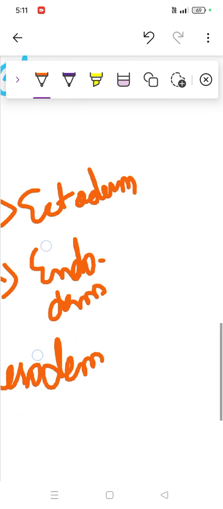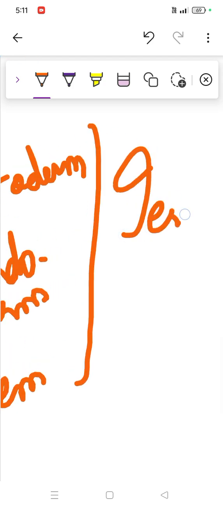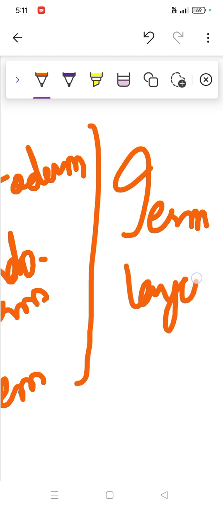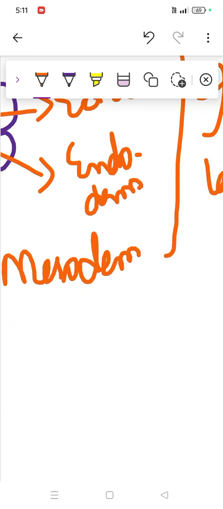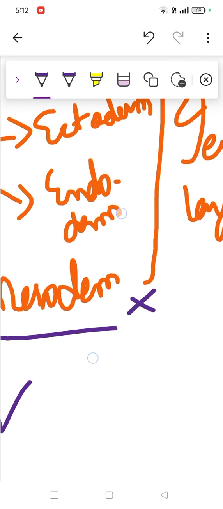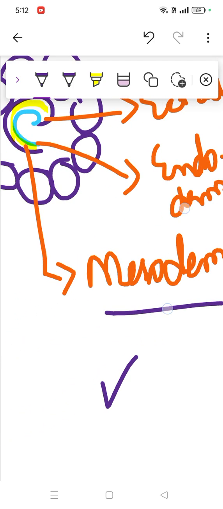These three are basically the germ layers, which are very important because they help during embryonic development, as we have studied in kingdom Animalia in first year. That's what triploblastic is about. Sometimes you'll see absence of mesoderm, sometimes all three layers. So all three layers together are called triploblastic. All these things will then appear in this structure.